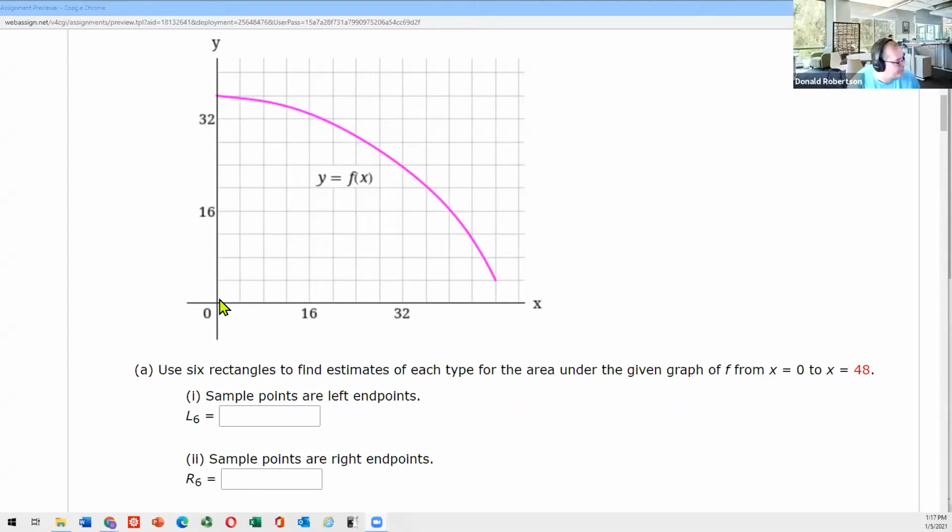Okay. At 0, it's that guy there. Now, if you look carefully at the scale here, isn't one box worth 4? So would you agree that when x is 0, the y value is 36? Are you all comfortable with agreeing with that?